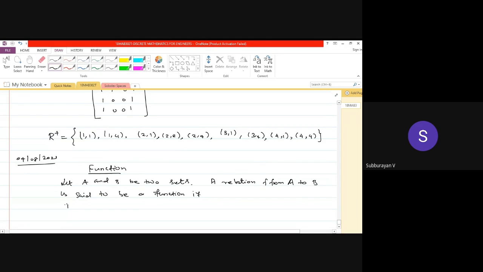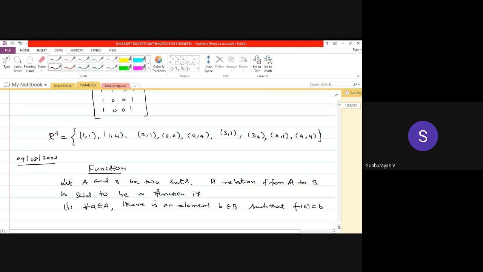First one is: for every a in A, there is an element b in B such that f(a) equals b.